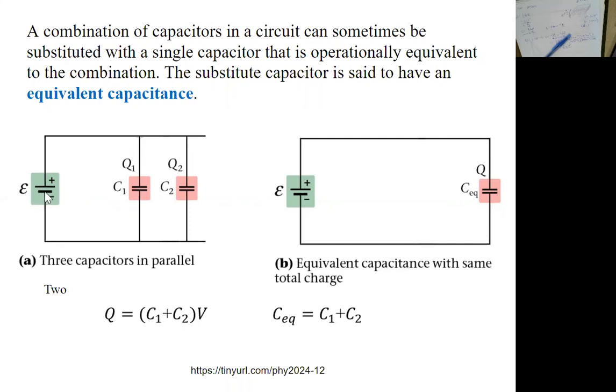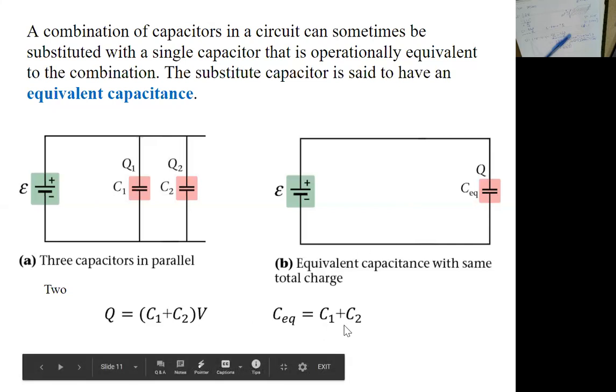The voltage supplied by the battery is usually represented by epsilon. The longer line is the positive terminal, and the short line is the negative terminal. As I said, if you have two in parallel, you can replace them with an equivalent capacitor that acts as the combination of those two. The equivalent capacitance should be equal to C1 plus C2.